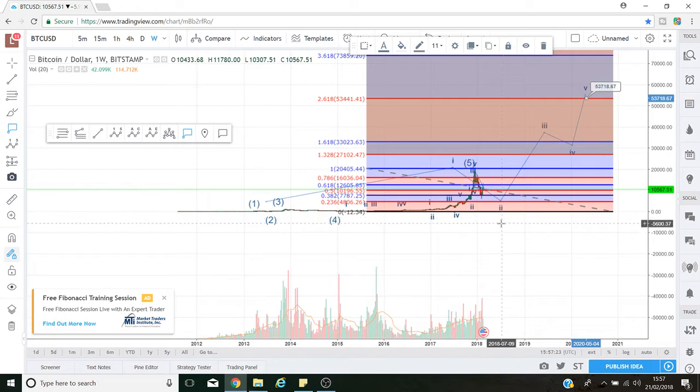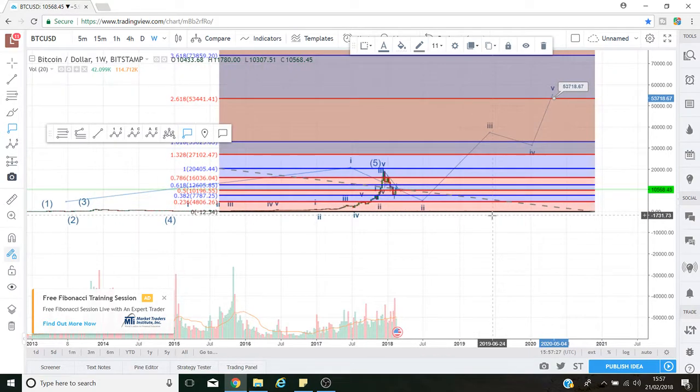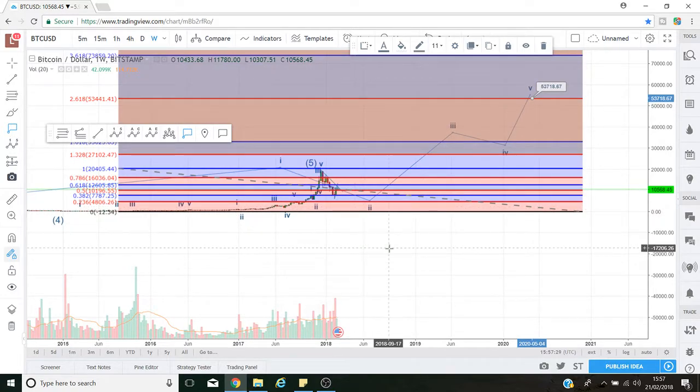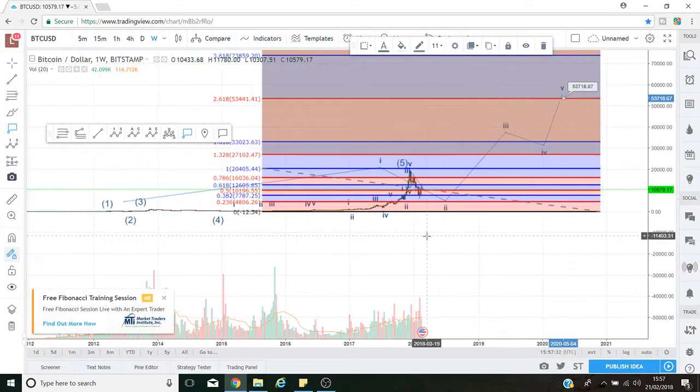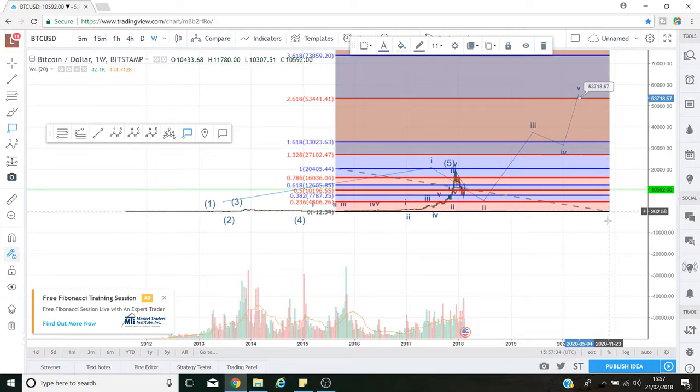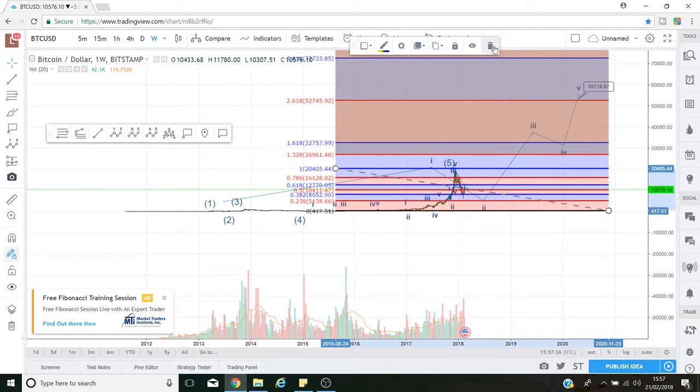I believe it's got a very bright future. I've started building up my position. I'm hoping it's going to retrace a little bit so I can add something further to my position. If I just clear this up.